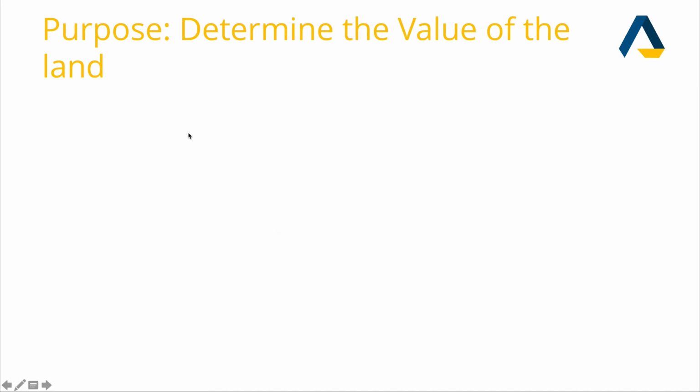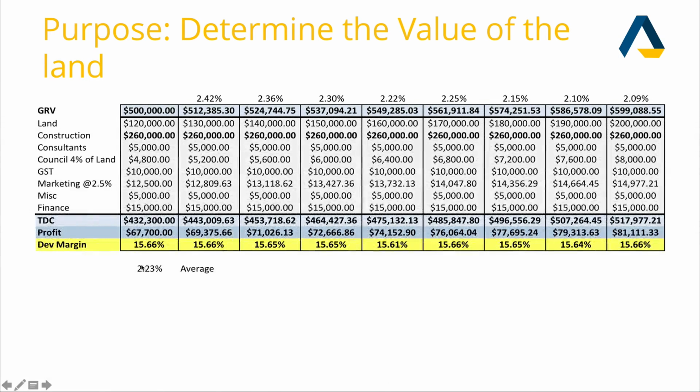But for you to be able to maintain or sustain the same percentage of profit, 15.66, 15.65, what I'm trying to do is lock in my development margin, saying that no matter what happens, even if I paid $20,000 above the market, or $20,000 more for the land, I still want to make 15.65% development margin.